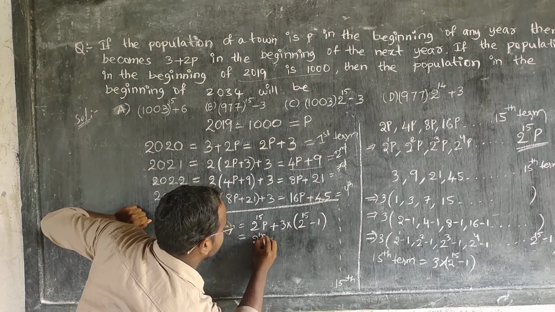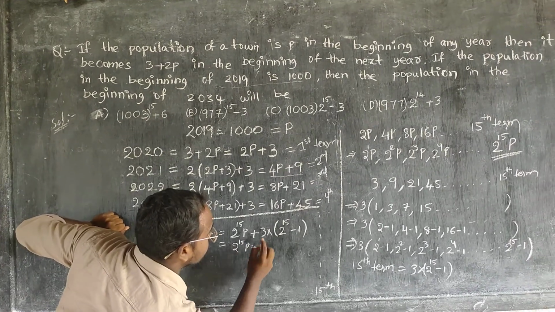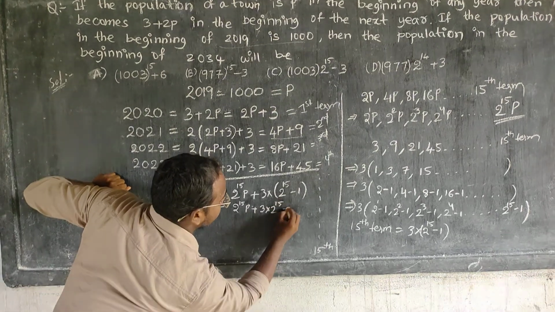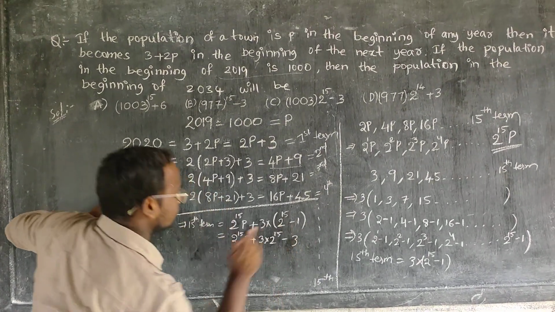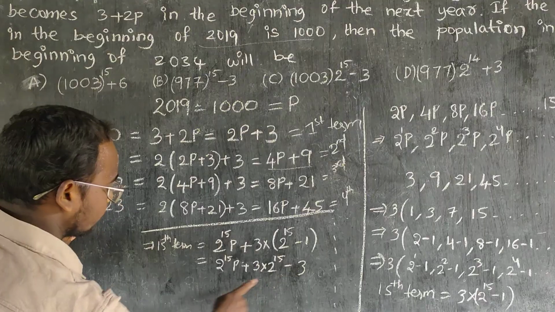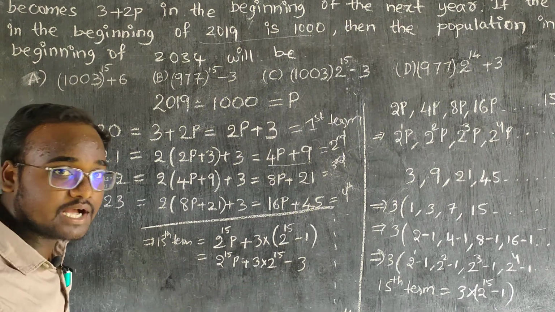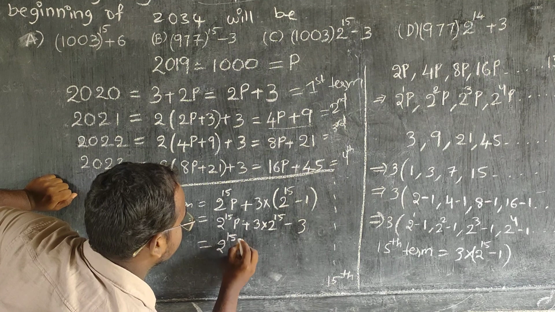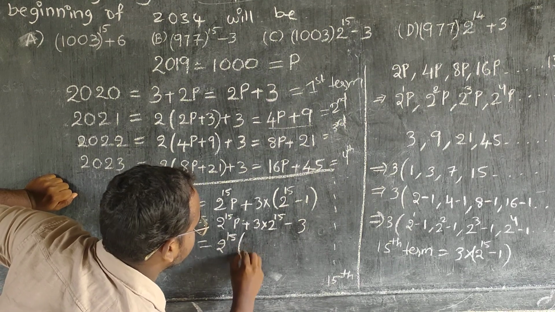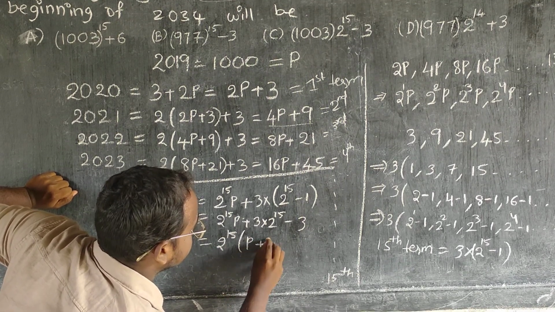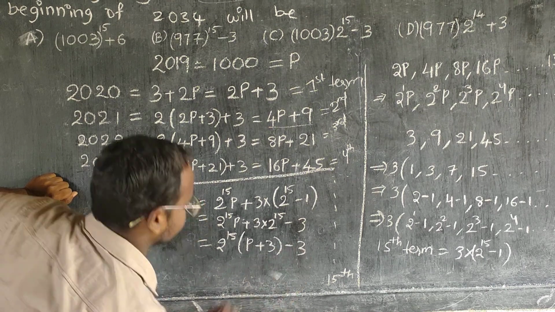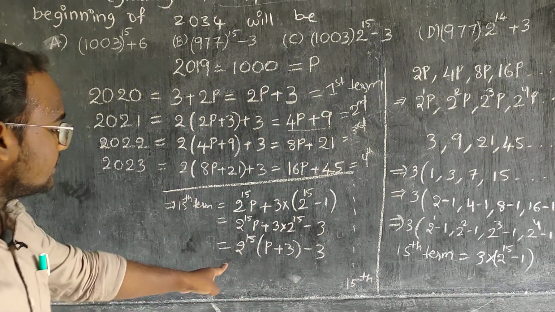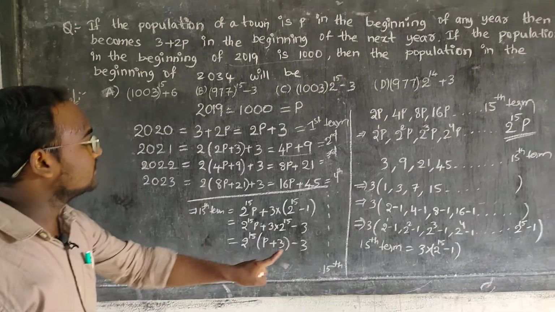Here, 2 to the power of 15p plus 3 into 2 to the power of 15 minus 3 ones are 3. Okay. From here 2 to the power of 15 is common. So, taking 2 to the power of 15 common, we get p plus 3 minus 3. Okay. We get the relationship, the term that is the 15th term.